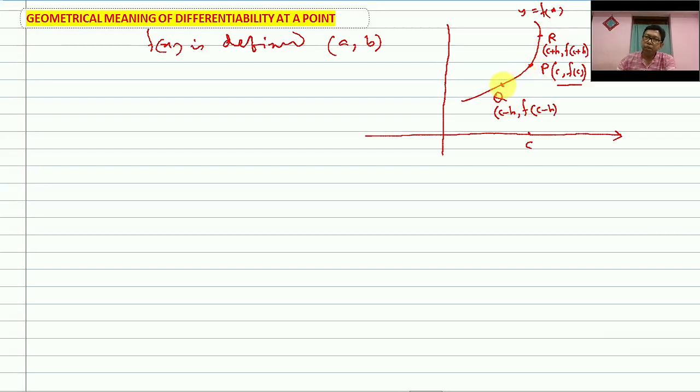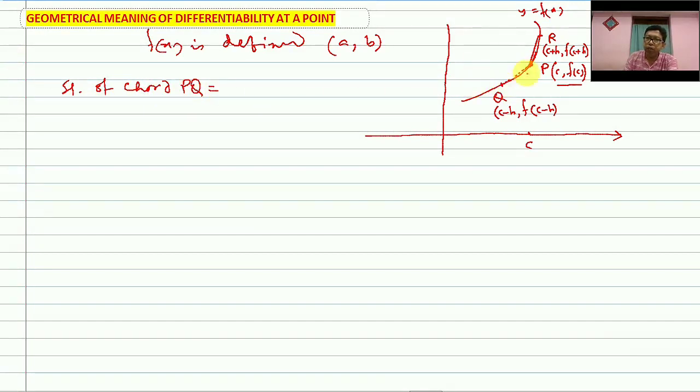So if you join these 2 points, I want to join PQ and another 2 points R and P, so that you are getting 2 chords actually. 2 chords are found, PQ and PR. Now you have to see carefully what is the slope of the chord PQ. The slope of the chord PQ is equal to, PQ is this one.